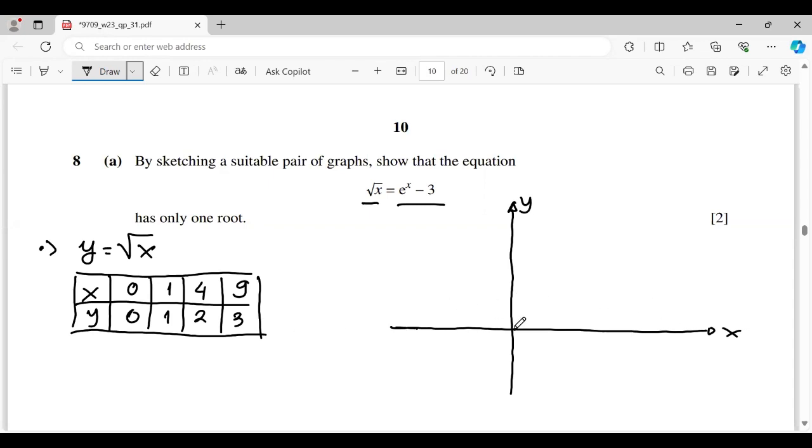So if you sketch, 0, 0 here, the origin, 1, 1 here, 4 and 2, 4 around here, 9 and 3.